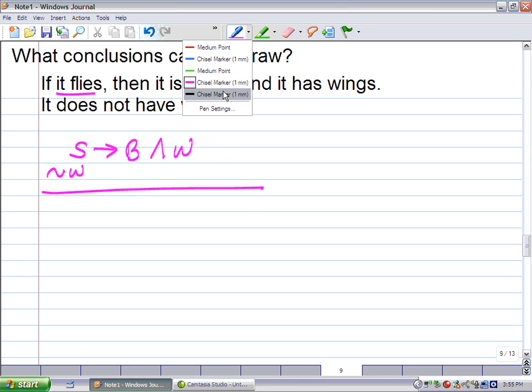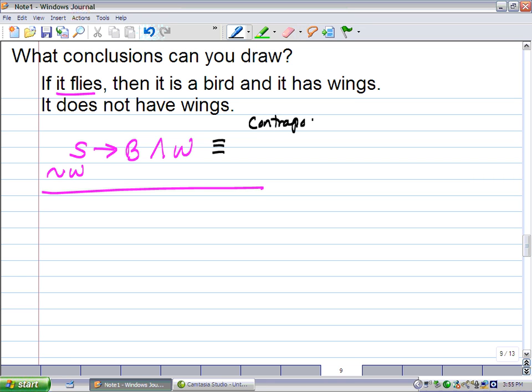Well, we can, because we know if we knew S we could do something, but we can also do the contrapositive here. What's the contrapositive? It's the one where we switch it and change it to the opposite. So the B and W will come to the front and become not B, or, because of De Morgan's, not W implies not S. So this is saying if I know either of these, this one or this one, then I know that one.